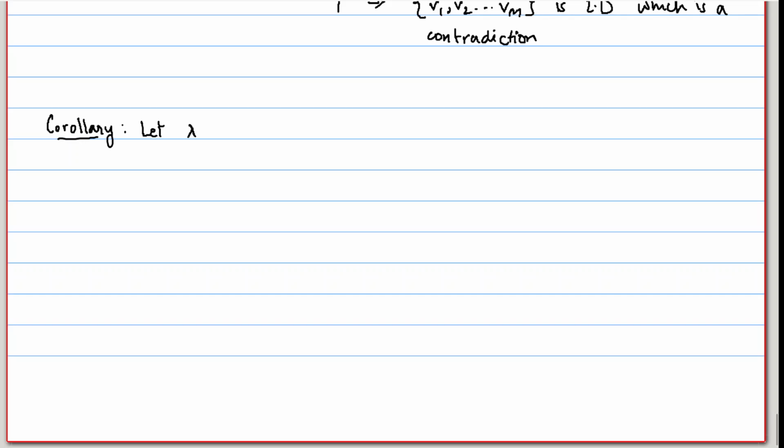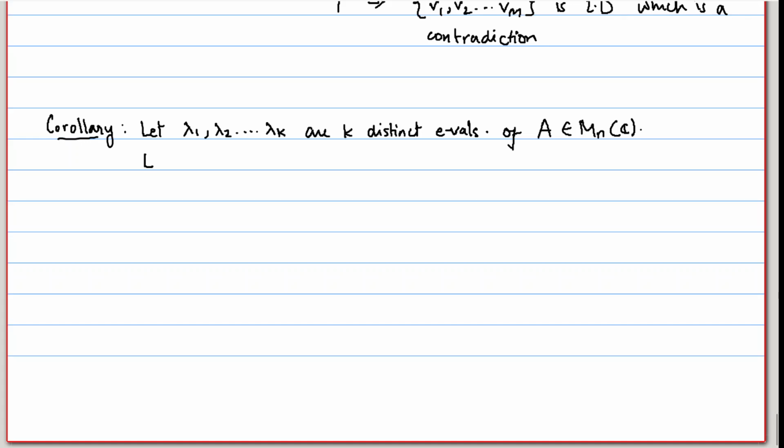Suppose that lambda 1, lambda 2, ..., lambda k are k distinct eigenvalues of A, where A is an element of M_n(C).